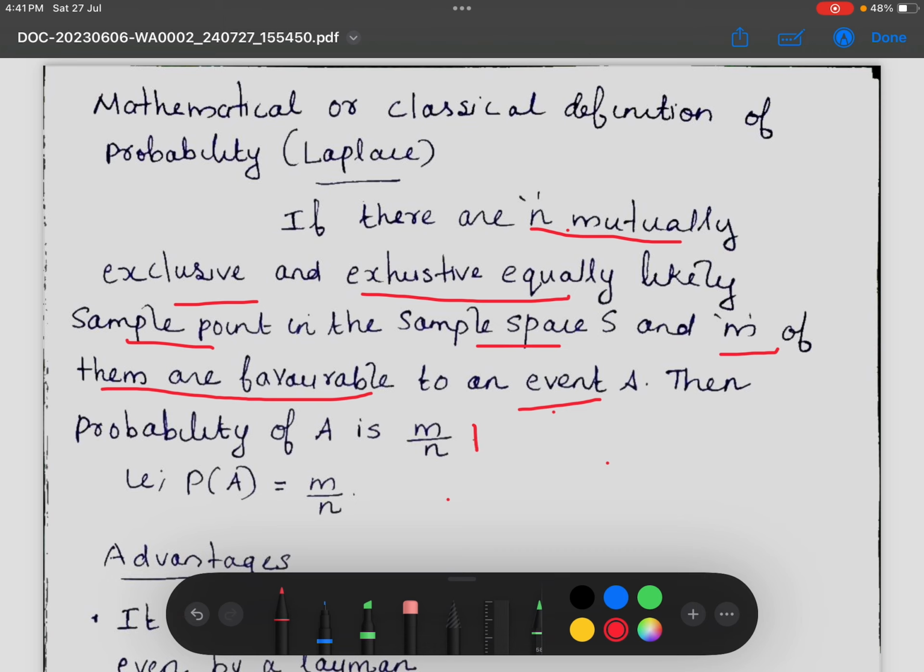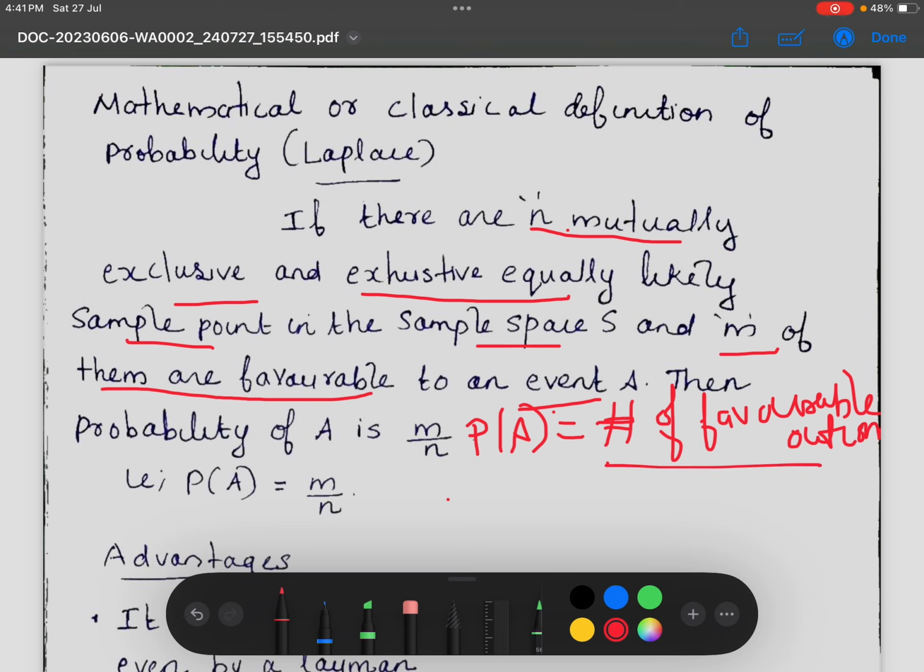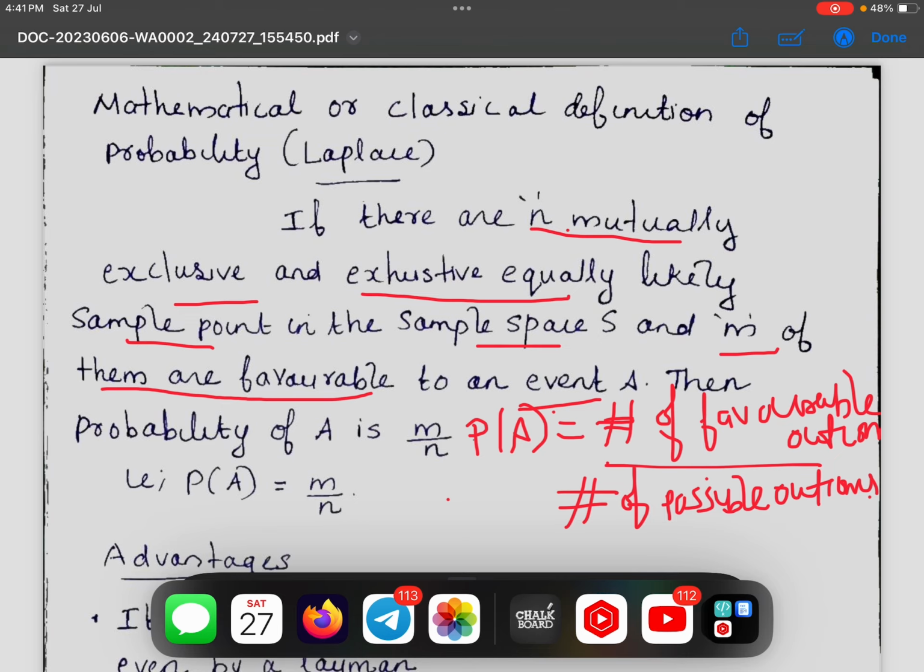That is, the probability of A is equal to the number of favorable outcomes divided by the number of possible outcomes.